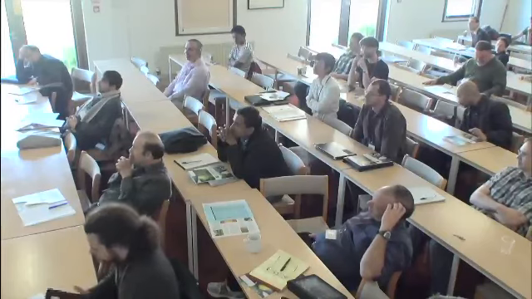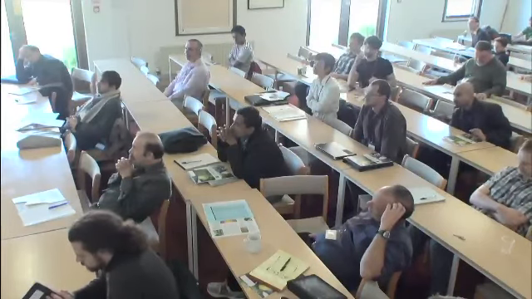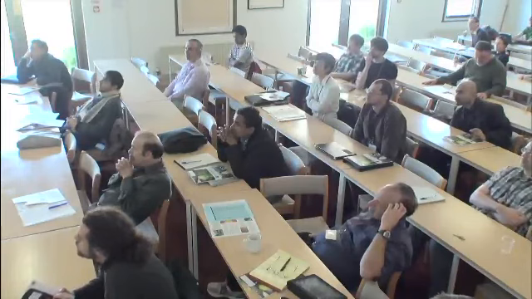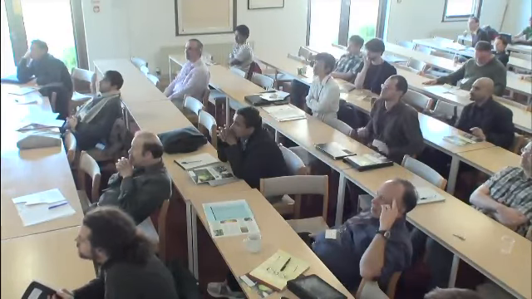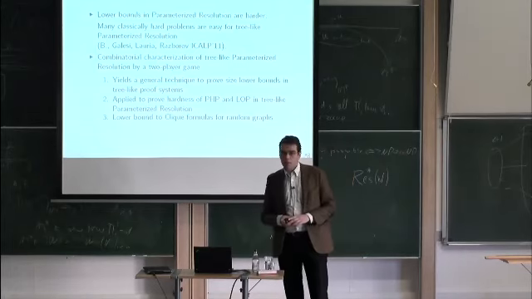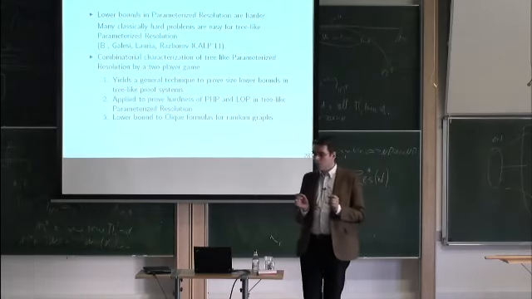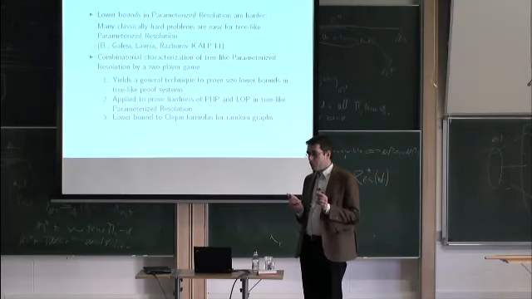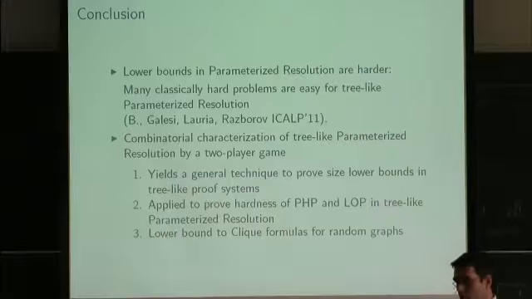Yeah, so maybe one remark that I can make. This line here, which says many classically hard problems are easy for tree-like parameterized resolution, refers to a result that we have that each bounded width formula has a short refutation, so has FPT size proofs.